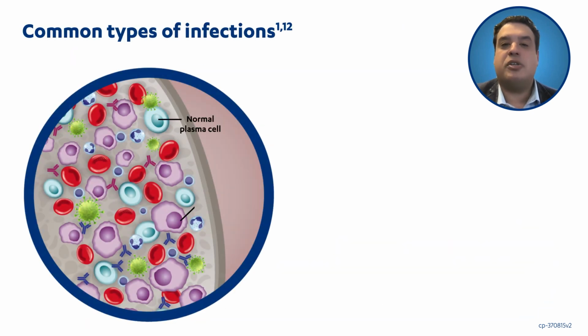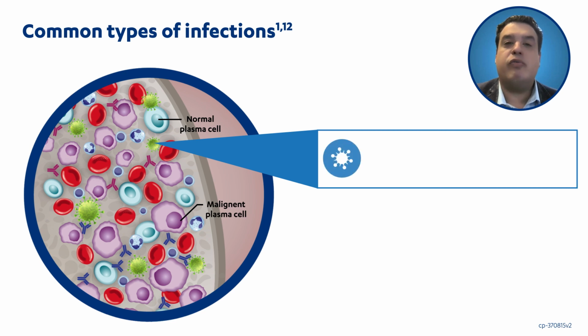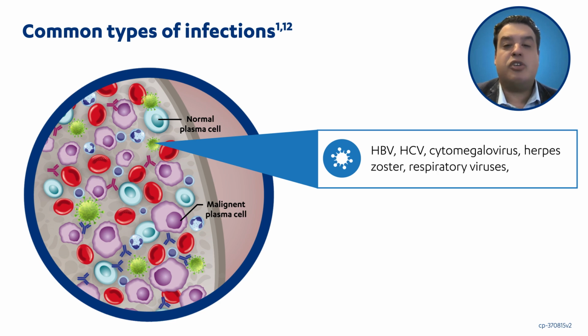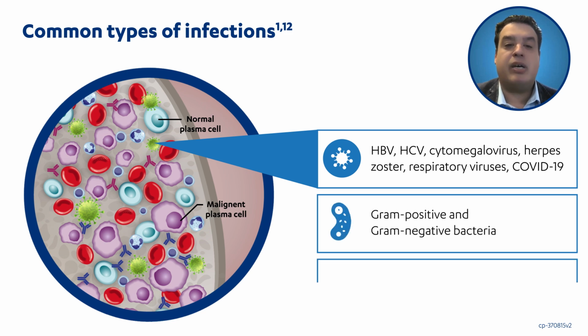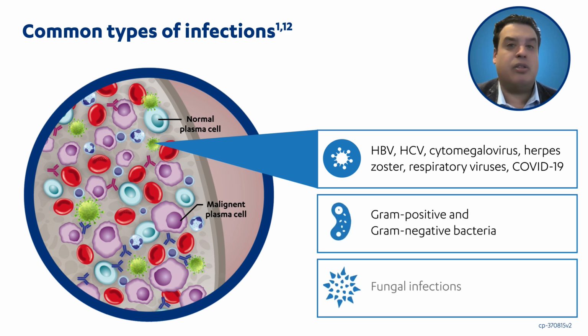Common types of infection in patients with multiple myeloma include viruses, as shown here, including HBV, cytomegalovirus, herpes zoster, and respiratory viruses such as influenza and COVID-19, but also gram-positive and gram-negative bacteria and fungal infections, among others. HCV is a slightly less common viral infection, with some occurrences noted in the literature.